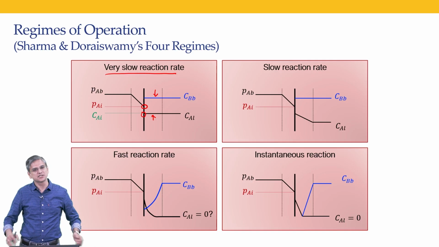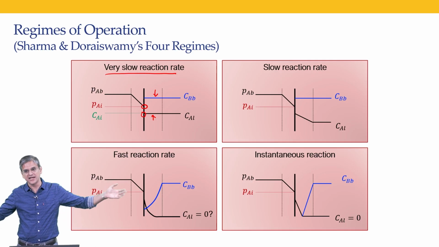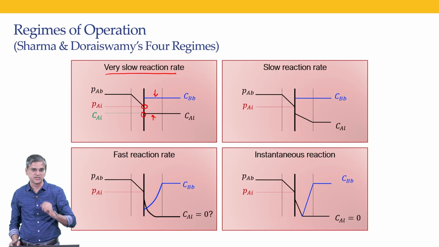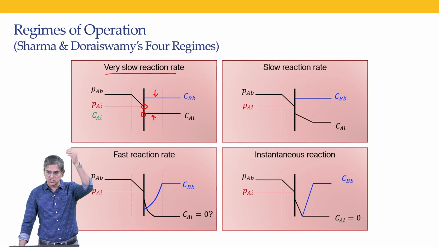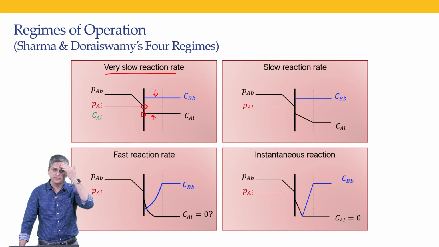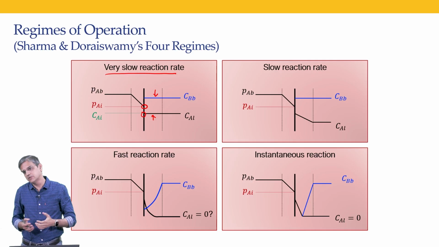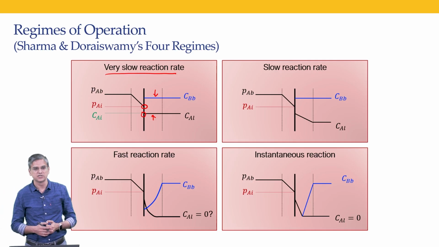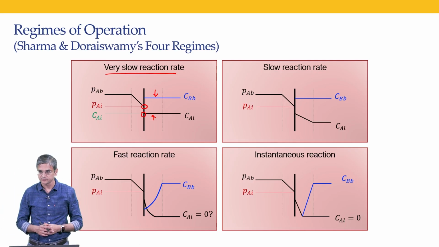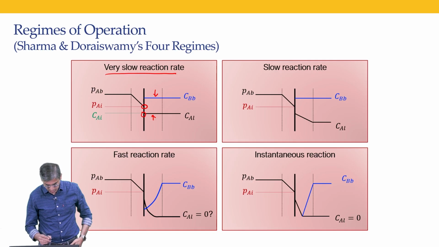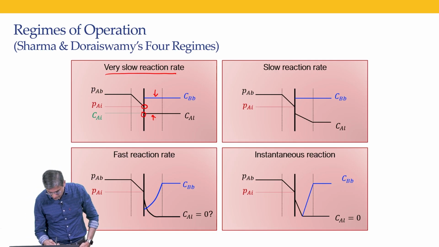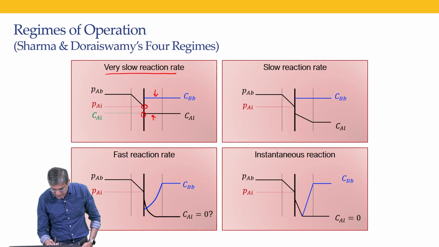Exceptions might be there, extremely large gas and very small liquid droplet. So, spray tower, very small liquid droplet, very atomized liquid droplets, that might happen. Again, quite unlikely that it would happen, but in rare cases that might be possible. Anyway, we have this PAI related to CAI using Henry's law.